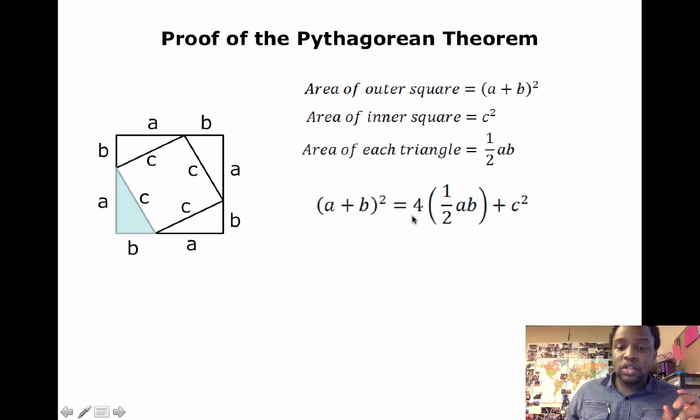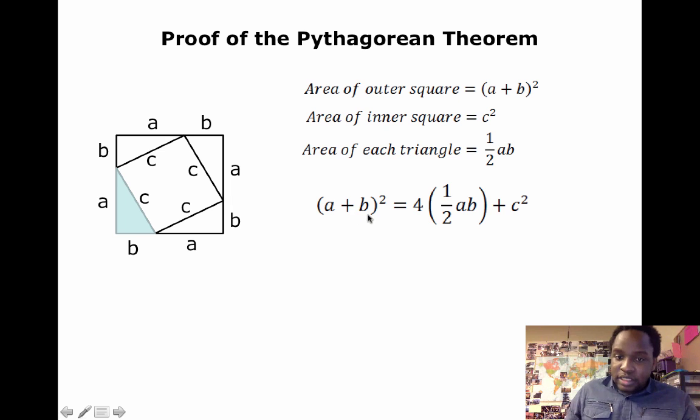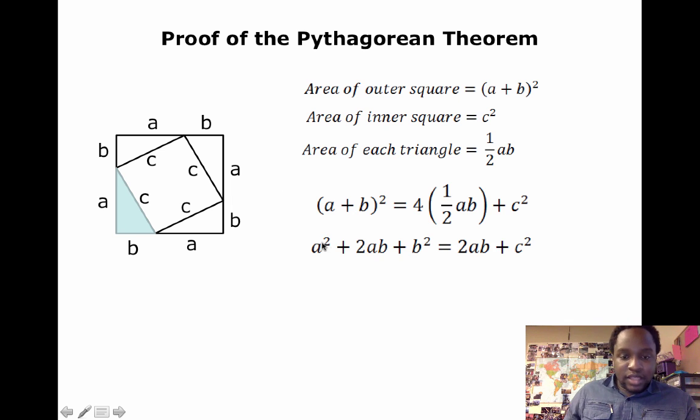The outer square equals the 4 triangles plus the inner square. So let's expand a plus b squared, and we get a squared plus 2ab plus b squared. And let's distribute this 4. So 4 times 1/2 is 2, and so this is going to be 2ab plus c squared.